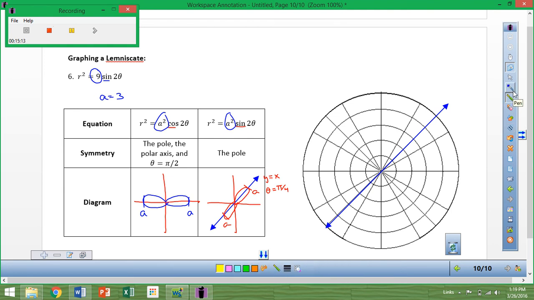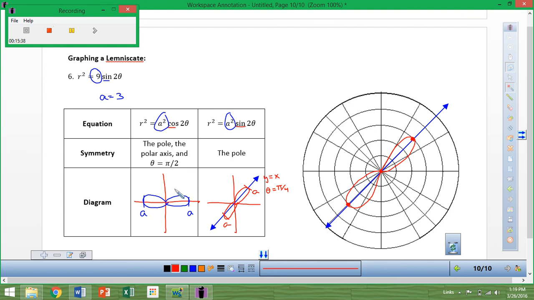But I'm just going to go out a distance of 3, since a is 3. So 1, 2, 3, and 1, 2, 3. And then we're just going to have our propeller. Some people just want to draw a figure 8, which is what I do most of the time. But it's going to look something like that.